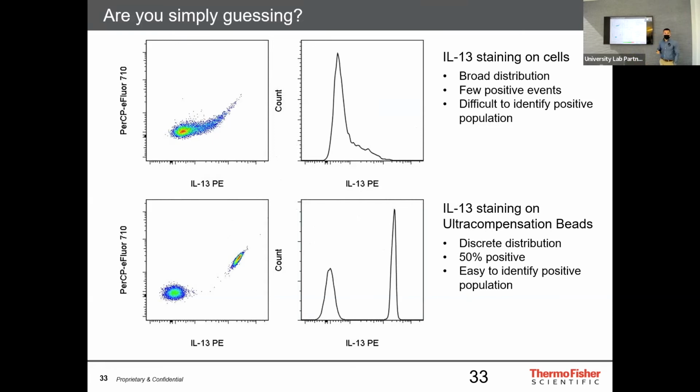And even if you did have some, it would be very few compared to the negative. With beads, they're roughly the same size population. It's a very discrete distribution. You have a negative and you have a positive. Very easy to identify the positive population. So this is why it's recommended generally to use beads.